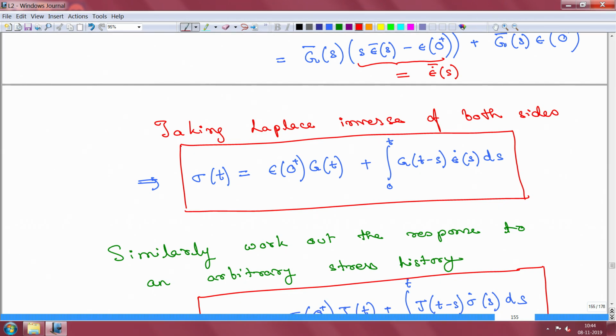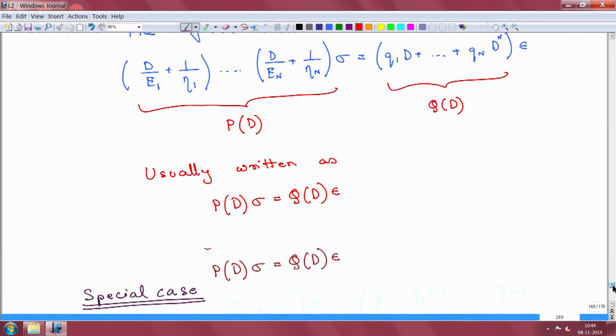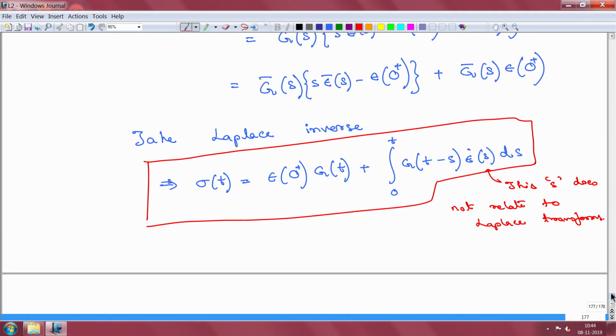And it so happens that when you rederive it for a more complicated system with n number of elements, you end up getting back the same equation.